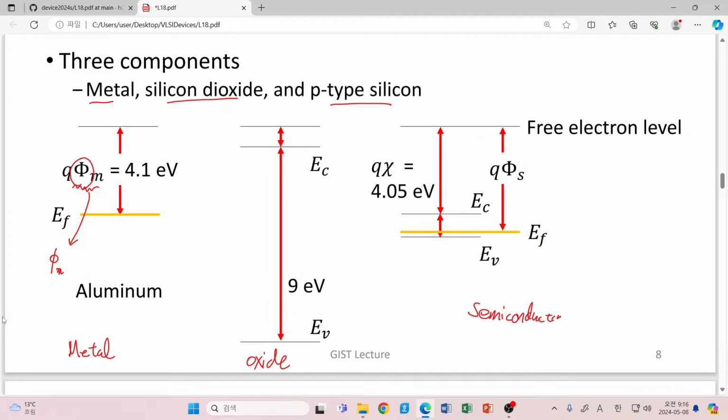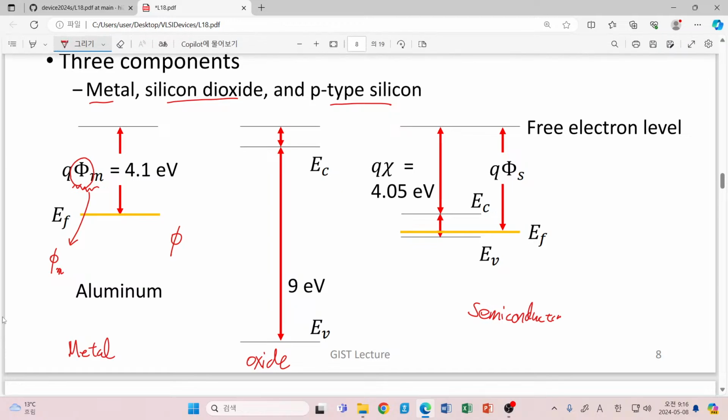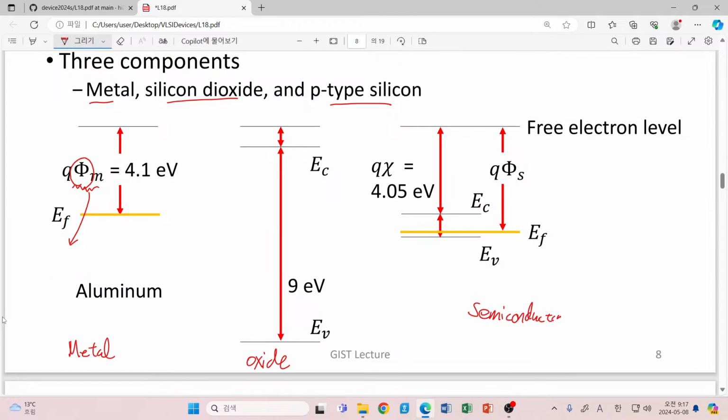So then what is our usual phi? Our usual phi is designated to represent the electrostatic potential. So please understand the difference in notations between my presentation and our reference book or textbook.